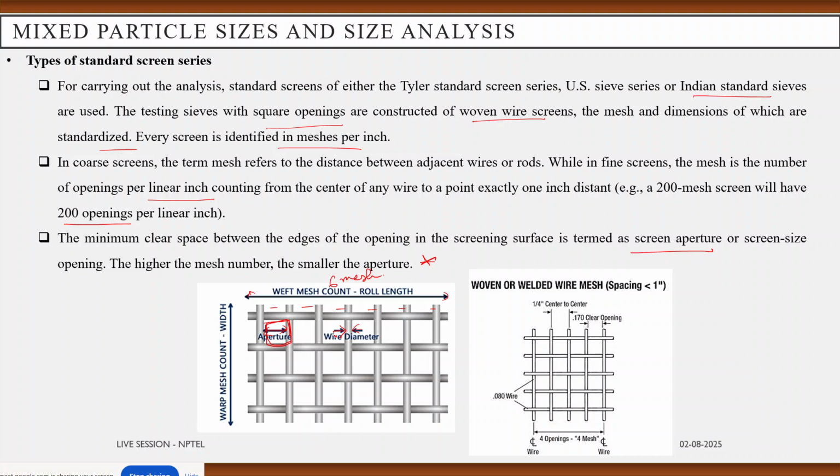In this one they have denoted 1, 2, 3, 4. Four openings are there in a linear inch, so that will be 4 mesh. The mesh number is 4. In this way we calculate and mark the standard for the screens, and according to our requirement we will select those screens, make a stack out of them, and do the screening analysis.